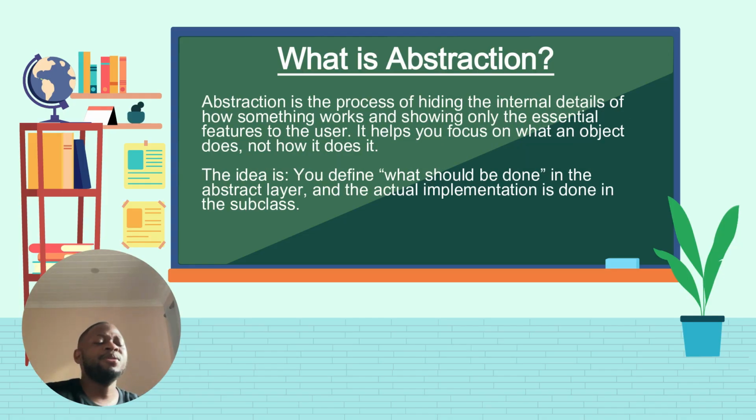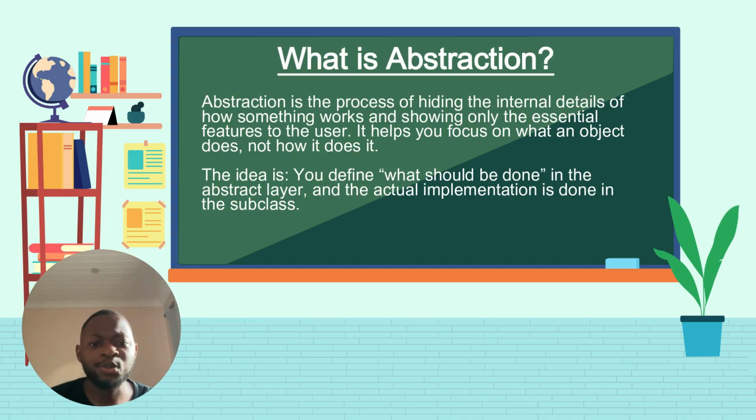So abstraction, you can also define it as the process of hiding the internal details of how something works and showing only the essential features to the user. It helps you focus on what an object does, not how it does it.